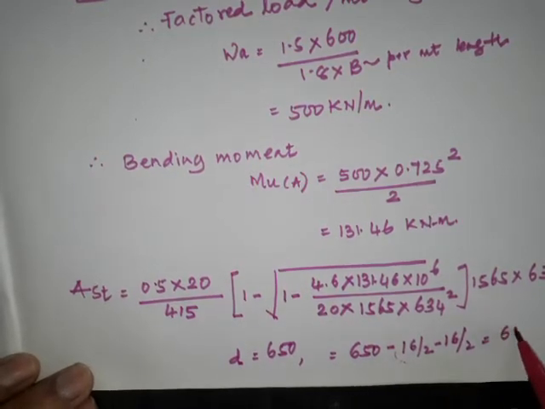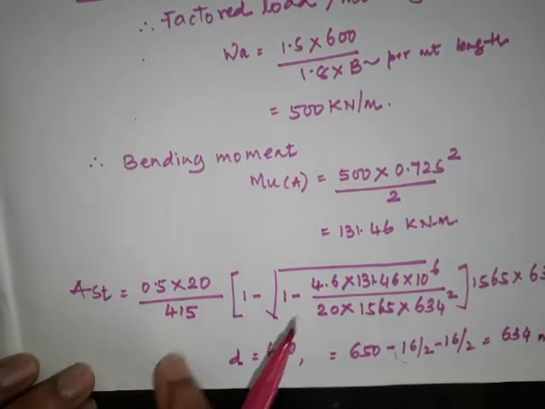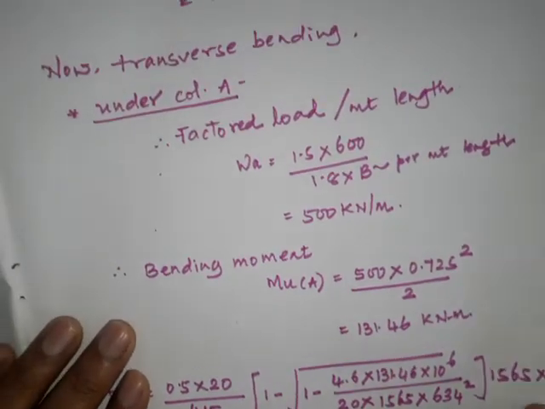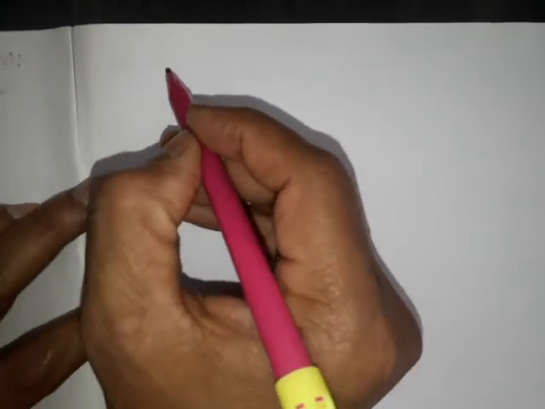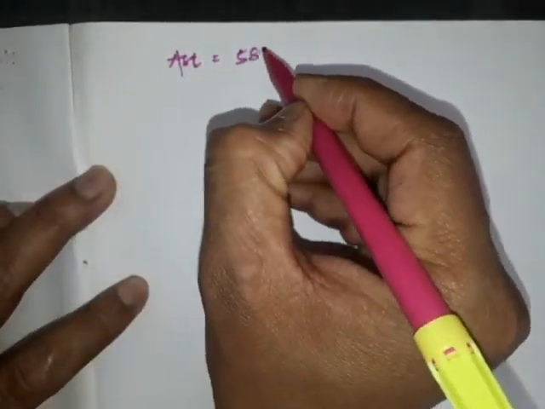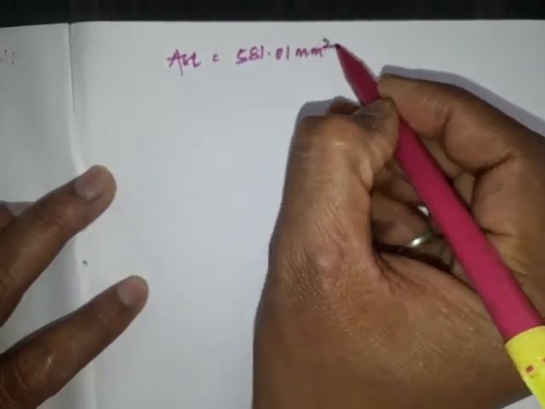So we'll get this as 634. So with respect to that, you have to find out the area of steel. Here we'll get the area of steel as 581.01 mm square.